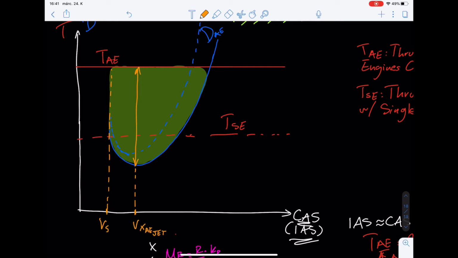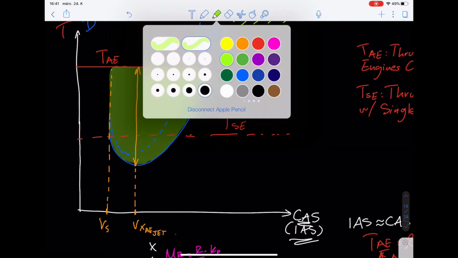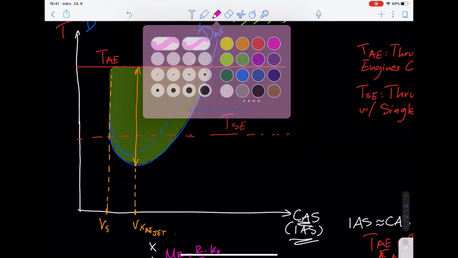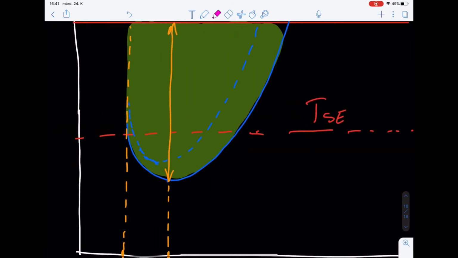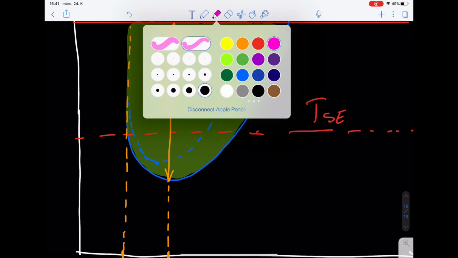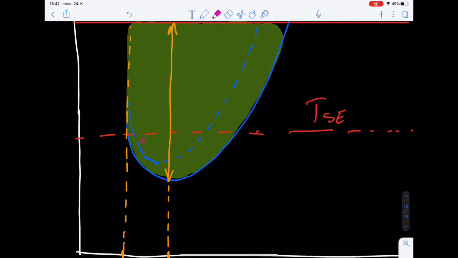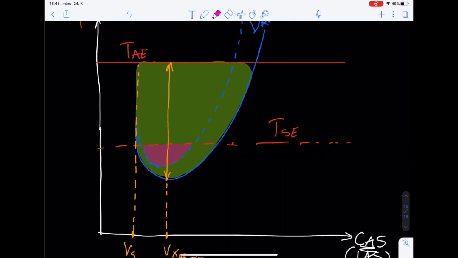Okay, and so what happens when you have an engine failure is that your area is reduced to this smaller one right here, right? Because you're operating between the thrust single engine and the drag single engine.